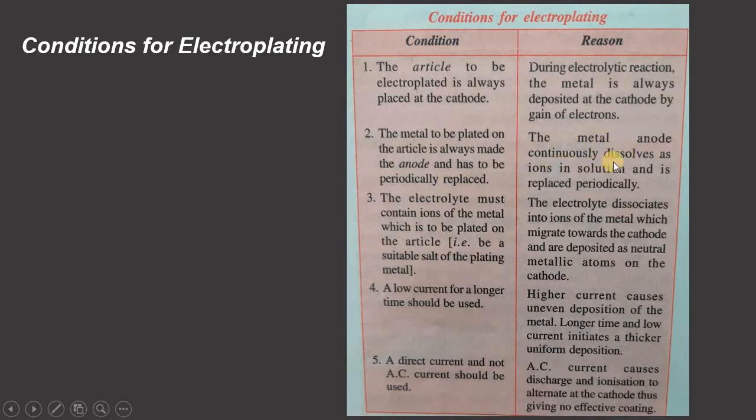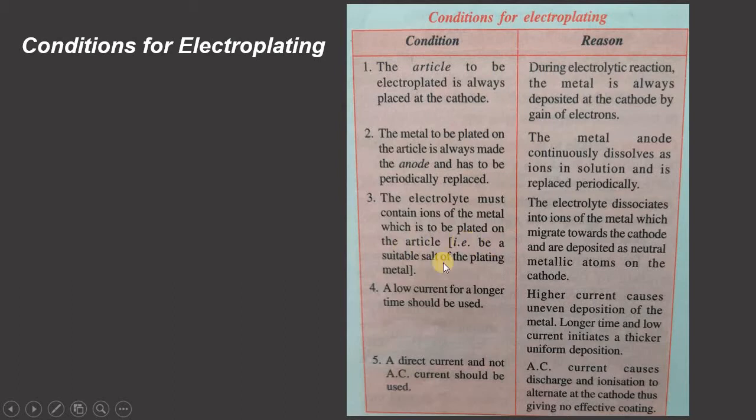That you have seen when you electrolyzed the copper sulfate solution using copper as both the electrodes, cathode and anode. So similarly, the metal anode generally dissolves as ions in solution and so has to be replaced periodically. Third point, the electrolyte must contain ions of the metal which is to be plated on the article.